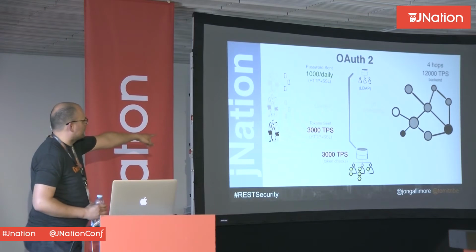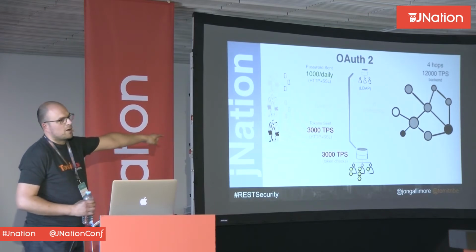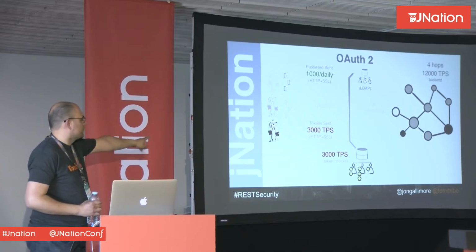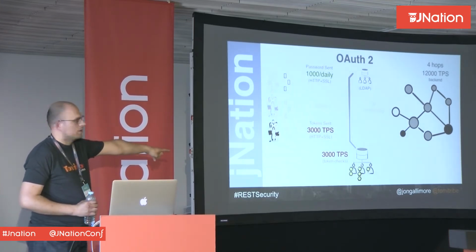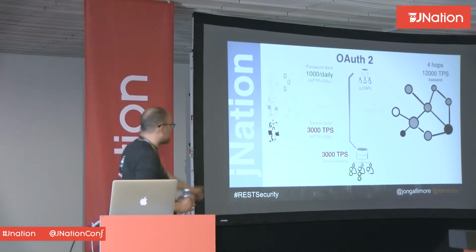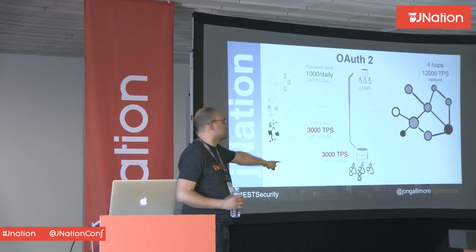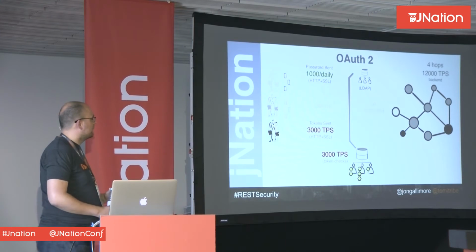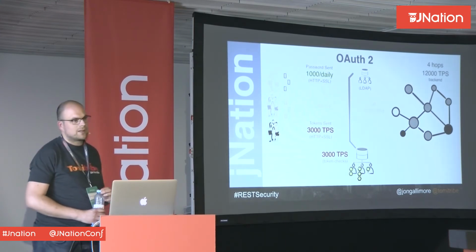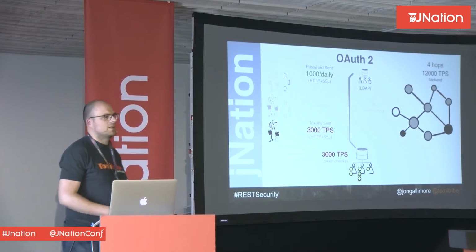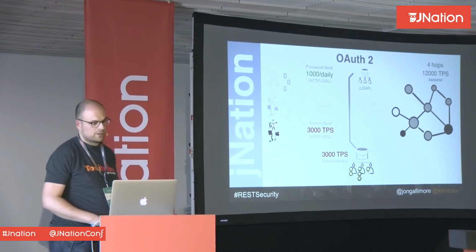So we've got our 3000 TPS coming in with our bearer scheme on our authorization header. And as a result, we're going to go off to our token database down at the bottom. And we're going to have 3000 TPS of token checks against that database. And then on our back end, we're still using IP whitelisting, so there's no additional traffic there, but also we're not gaining any benefit at the moment because we're not doing anything with those tokens.